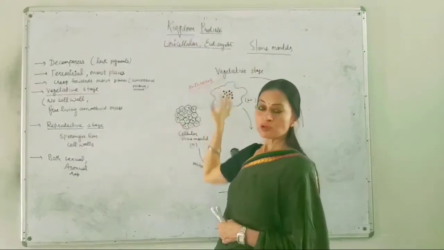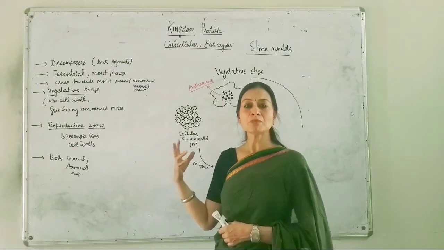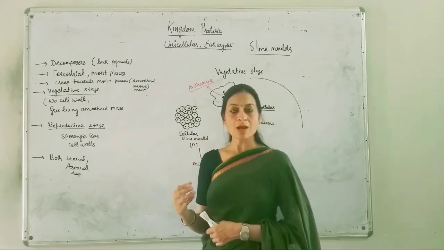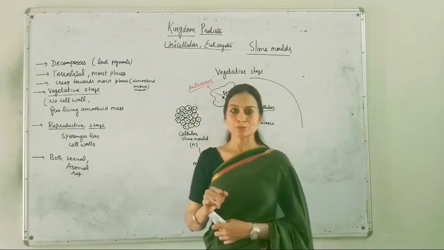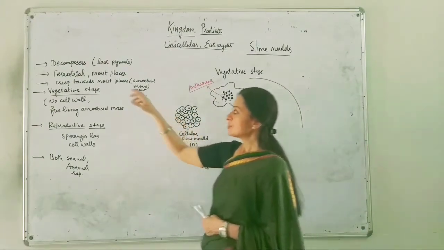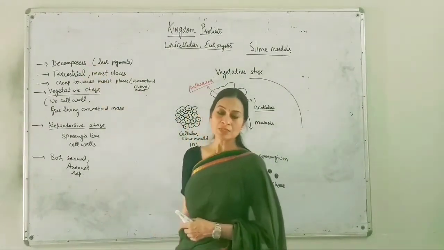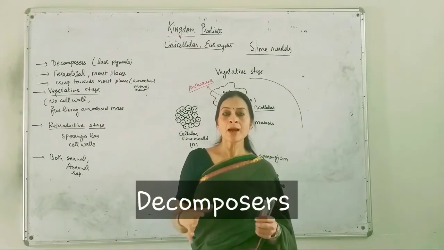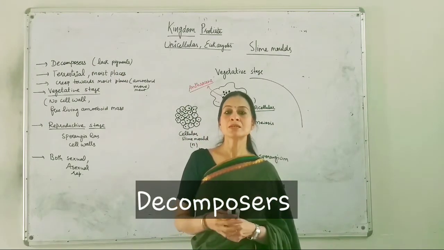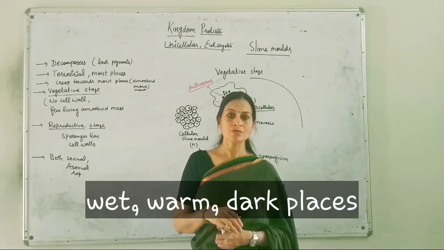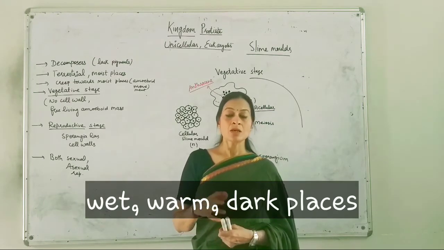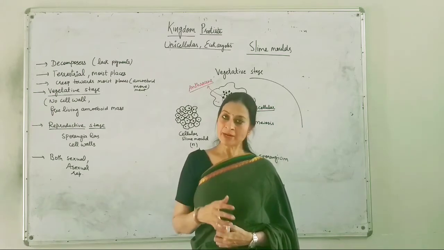But these are not members of kingdom fungi, these are members of kingdom Protista, which are unicellular and eukaryotic organisms. So the first feature is they are decomposers in nature, and they are present near wet or moist areas where they will get the dead and decaying matter.